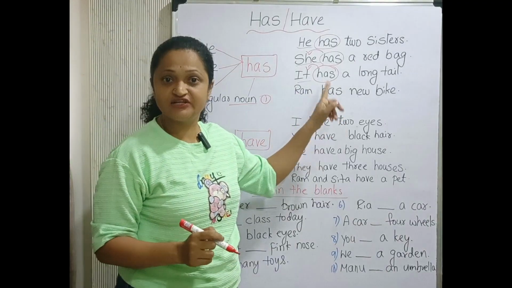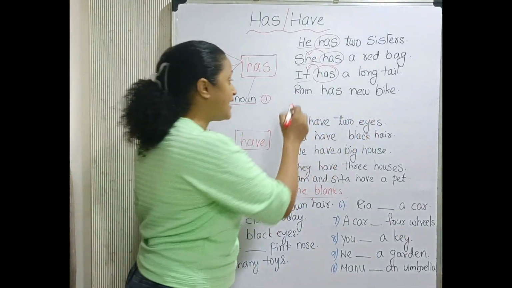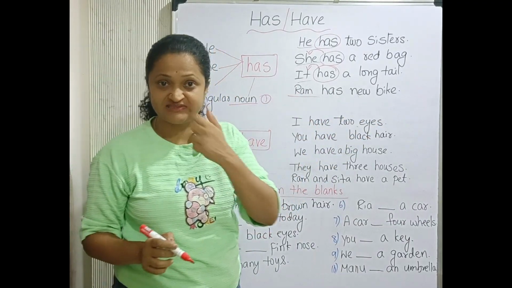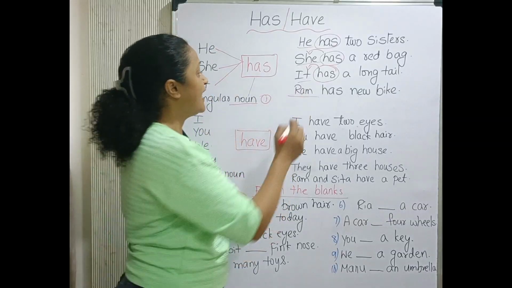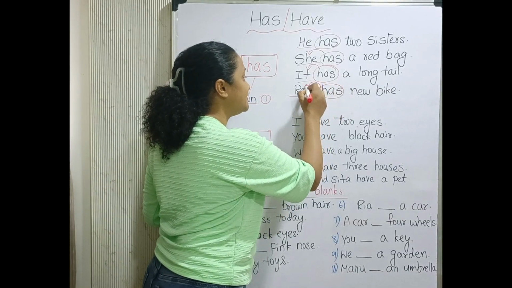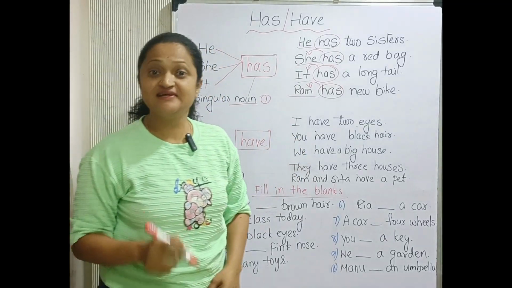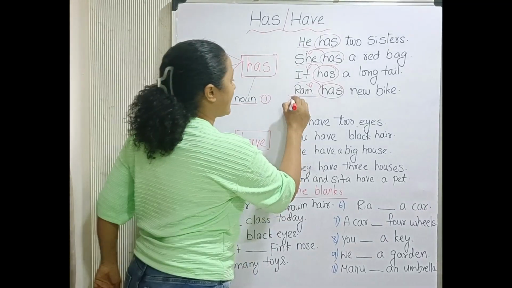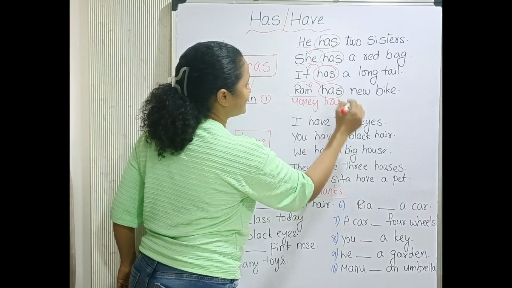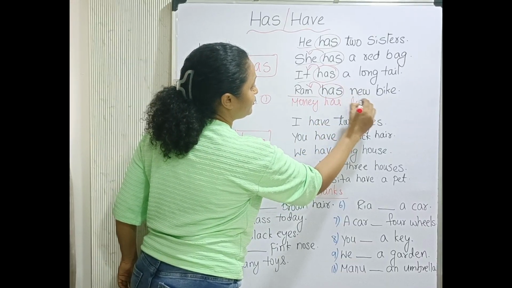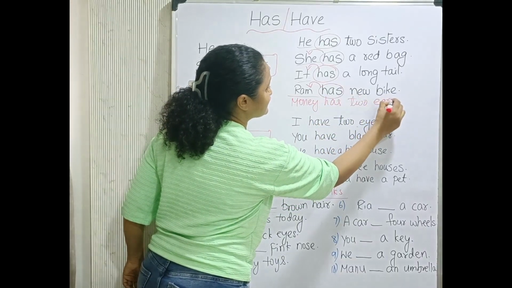Ram has a new bike. Ram is the name of a person and there is only one person. So has is used with singular noun. Ram is a singular noun. And we can say, monkey has two ears.